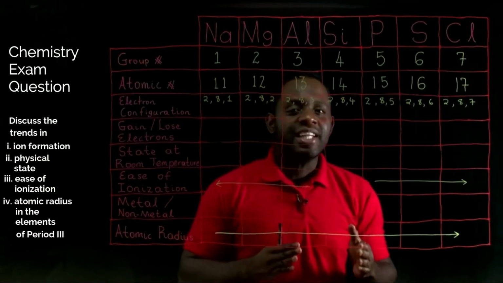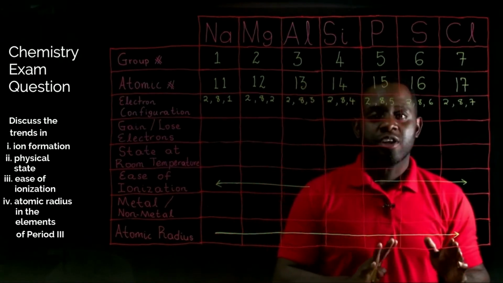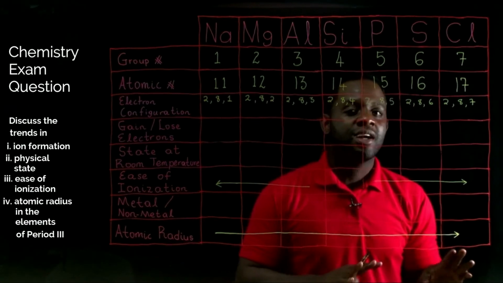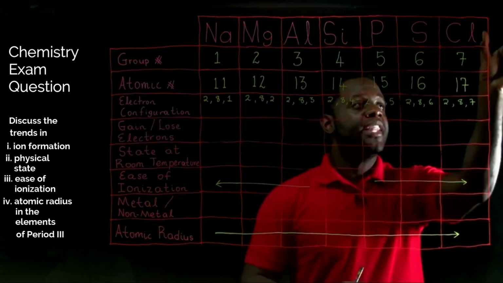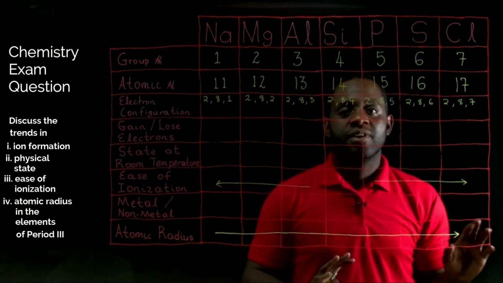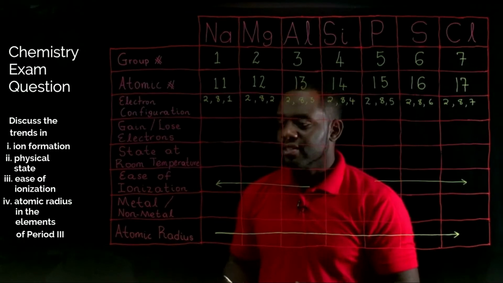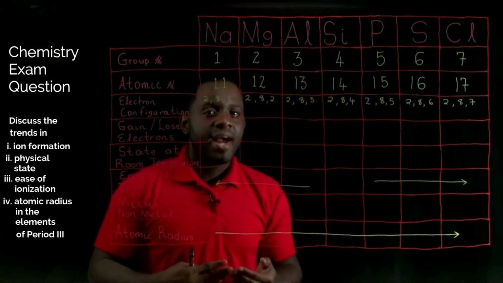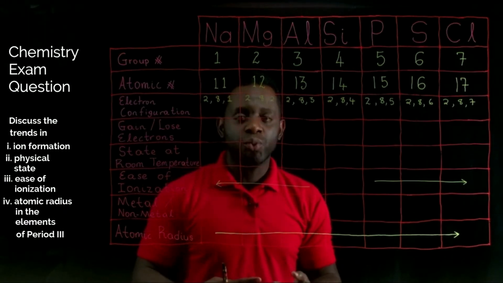So here we need to mention something about the electron configuration of helium, neon, and argon, which would be placed in the last group on the right of the periodic table, which we don't have in our table here. And that is, helium has 2 electrons, its atomic number is 2.